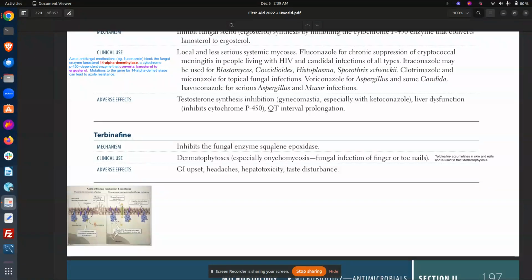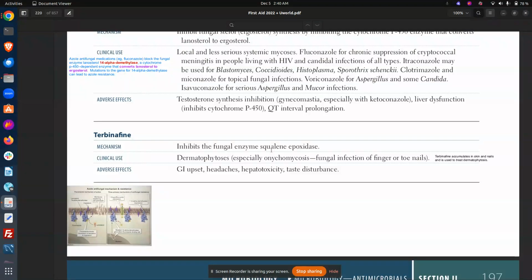What are the clinical uses of terbinafine? Always remember, number one is it is used in skin infections, especially onychomycosis, which is the nail infection. Okay, fungal infection of finger or toenails. So terbinafine, always remember, clinical use is it is used in dermatophytosis, for example tinea infections caused by Trichophyton, Epidermophyton, or Microsporum.